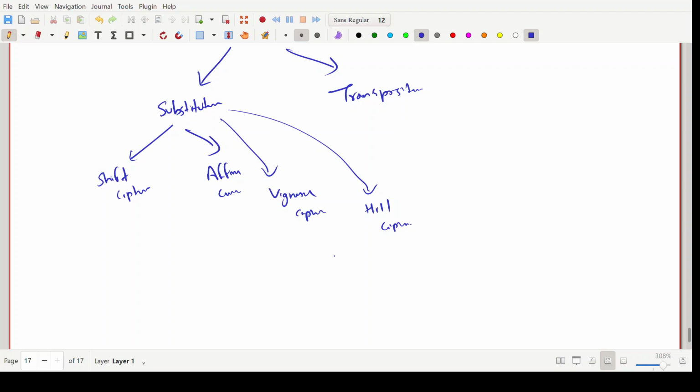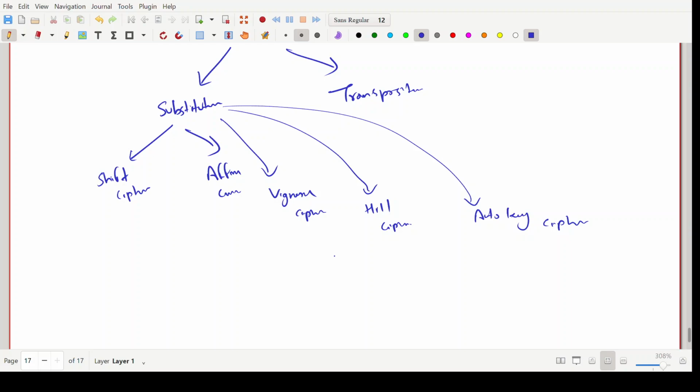Yeah, auto key cipher. In this class, we are going to cover all these substitution ciphers. In the next class, we will be doing transposition cipher.